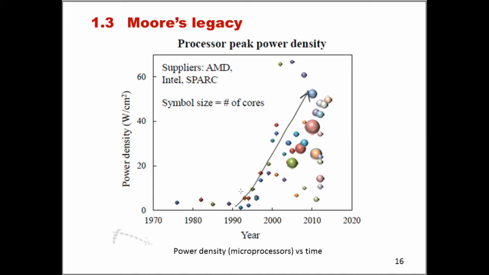And obviously this is really a dangerous situation. So this is really the first of the problems that we start to see when you start to shrink the devices and put more and more devices into a chip.